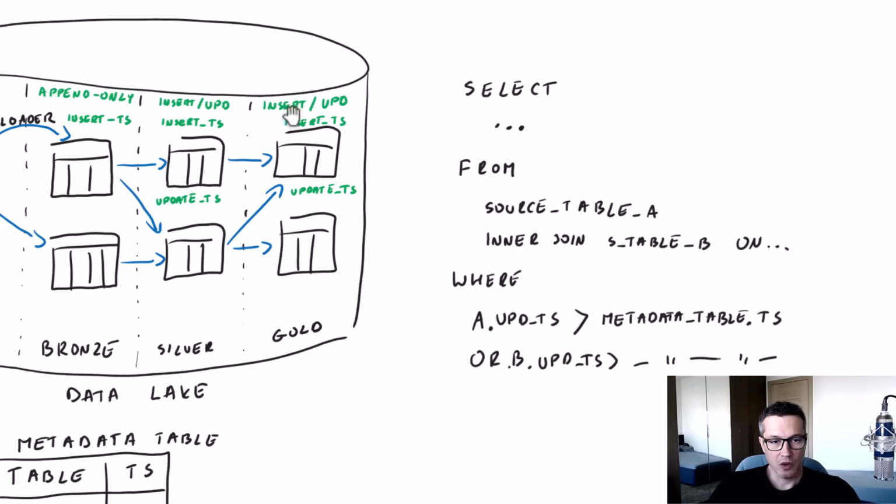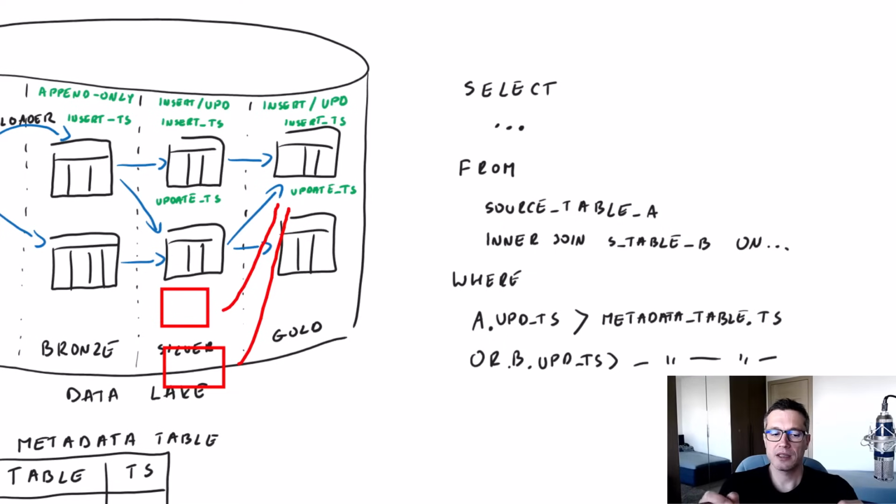Now, you might have other tables here that are also used in a join, but they might not drive the change. They might be some additional lookups, additional data that enrich your gold table.